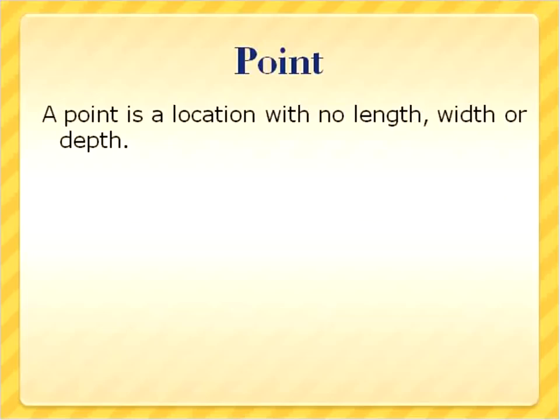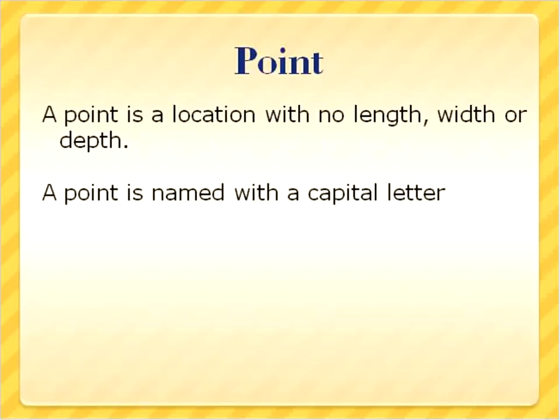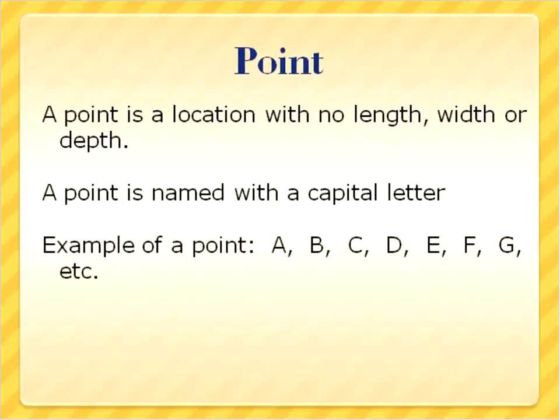A point is a location with no length, width, or depth. Alright? A point is usually named and labeled with a capital letter. So you'll have a point, for example, point A. And usually you will have not only the letter A, but a small dot to indicate where that point is.